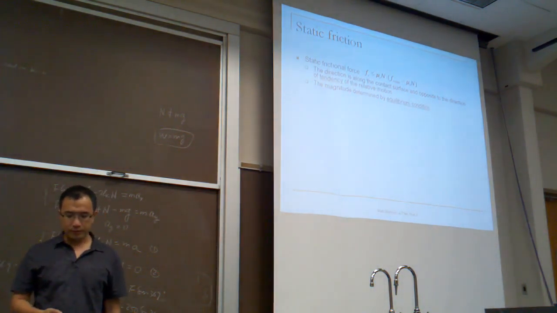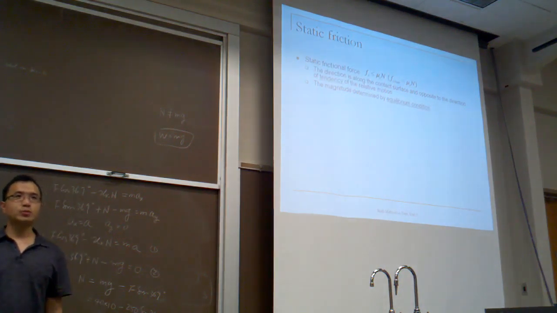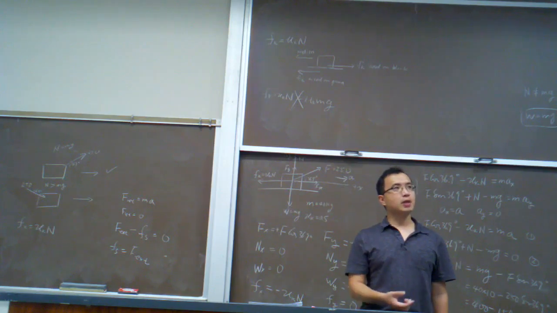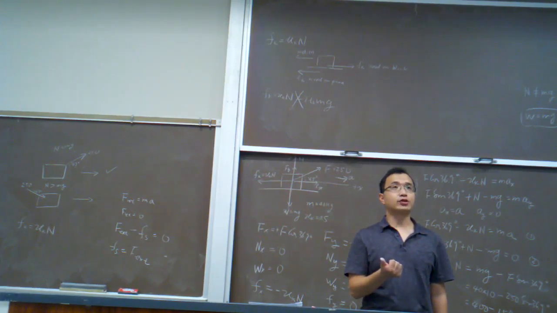That's just a simple analysis from the equilibrium condition. So if you apply some small force to the object, you cannot move it. Let's say you apply 2 newtons, then the system will respond with 2 newtons of static frictional force. So the system is lazy.